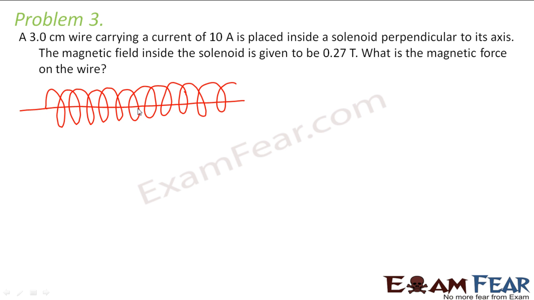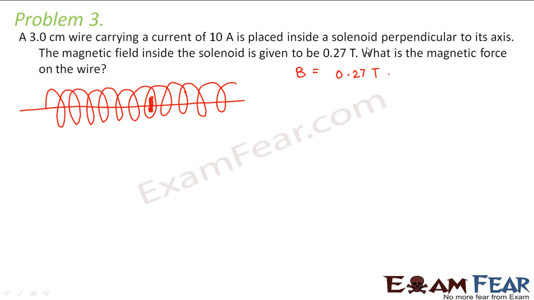A wire which is 3 centimeter long, somewhat like this, is placed perpendicular to the axis of the solenoid. The magnetic field inside the solenoid is 0.27 Tesla, and the current flowing through this small wire is 10 amperes.